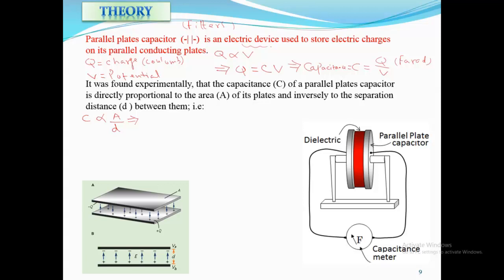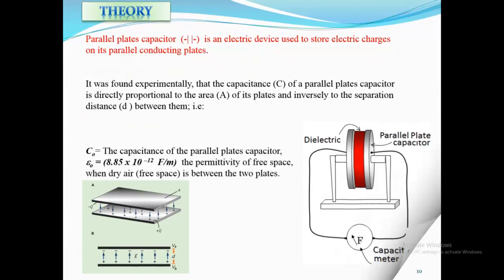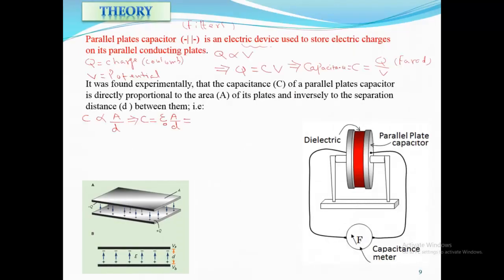If I write some constant, epsilon, this is the Greek letter epsilon, epsilon 0 or epsilon naught, C equals epsilon naught A over D. As I told you, this epsilon 0 or epsilon naught is the permittivity of free space.